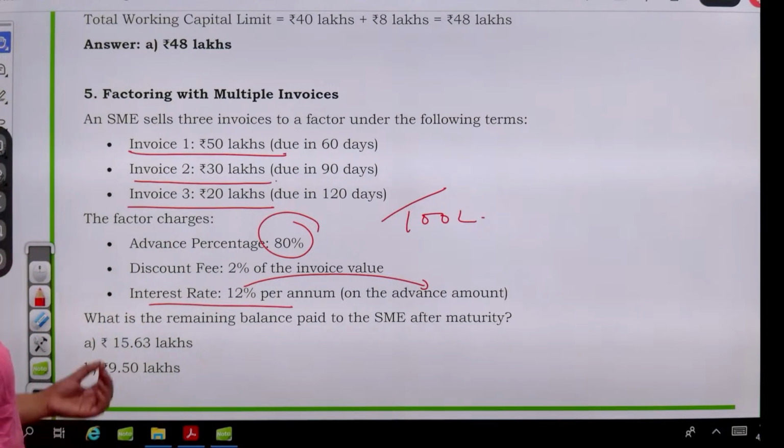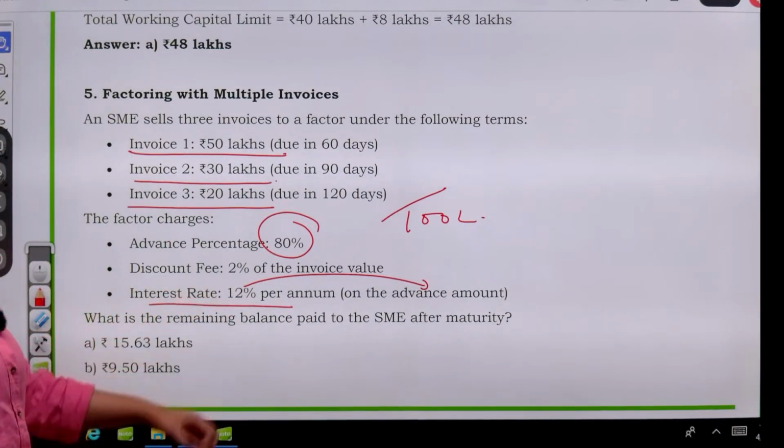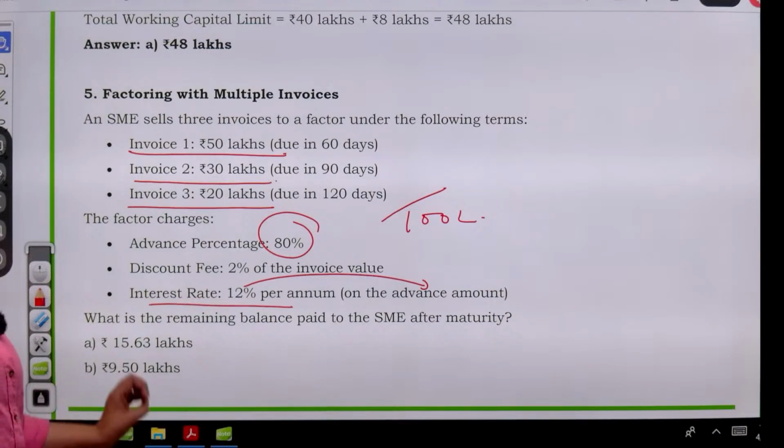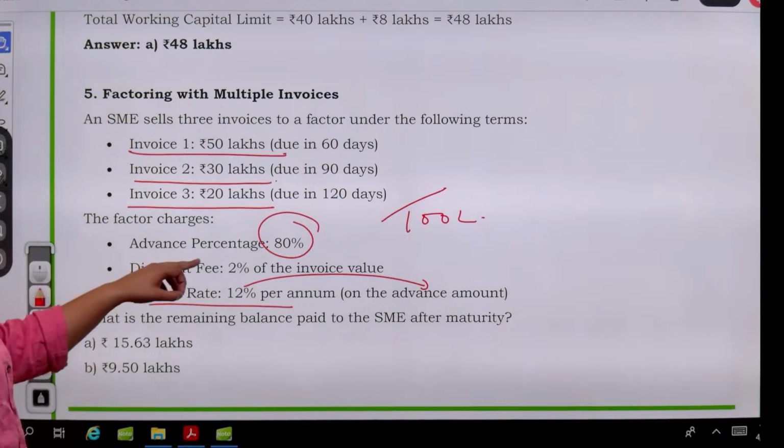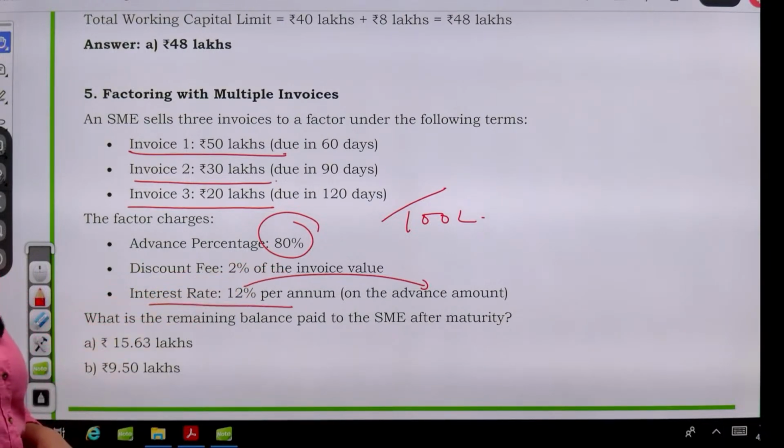So now, what is the remaining balance that needs to be paid to the SME after maturity? ठीक है, मेच्योरिटी के बाद में आपको कितना जो है टोटल अमाउंट देना पड़ेगा. So basically what you need to do in this particular question is, first of all, discounting fee is the 2% of the invoice value.